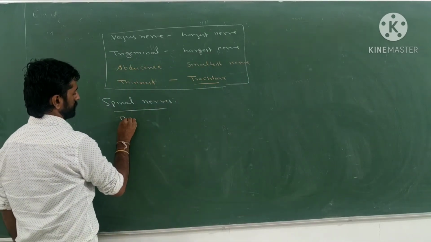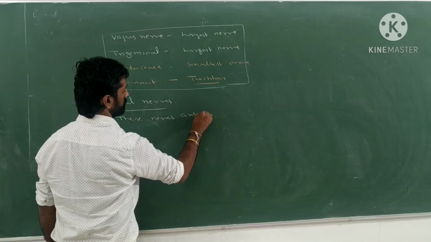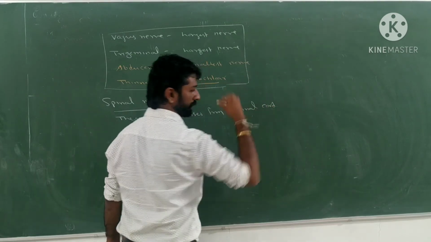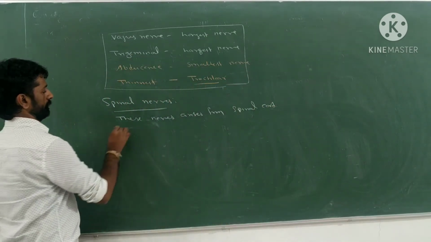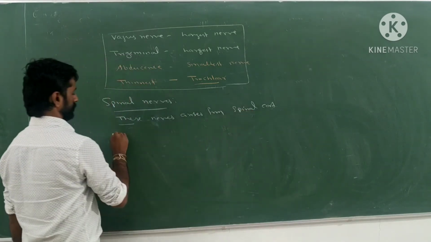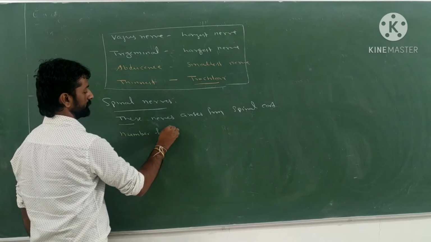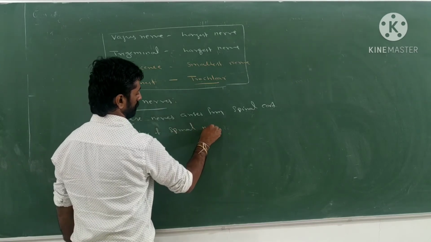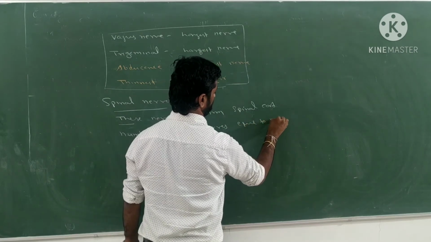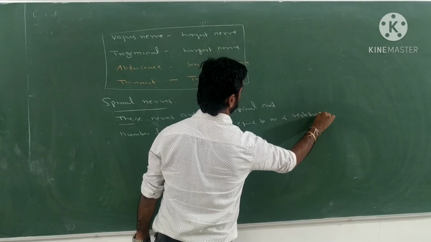So these nerves arise from the spinal cord, and the number of spinal nerves is equal to the number of vertebrae in the vertebral column.